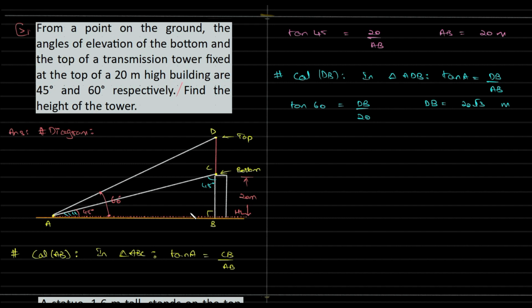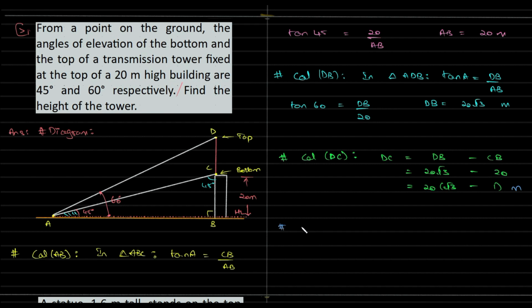Okay, now all we have to do is find DC. DC is equal to DB minus CB. DB is 20 root 3 and CB is 20. So this is 20 times root 3 minus 1 meters. Done.